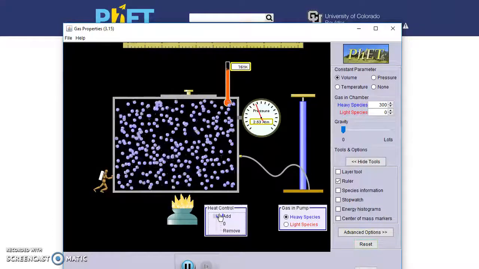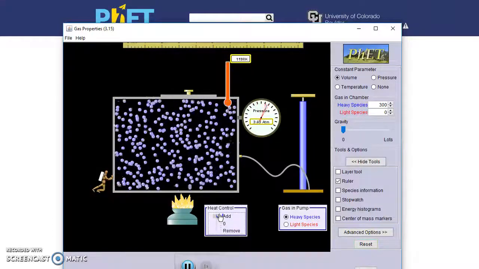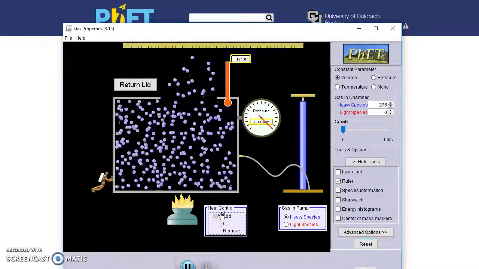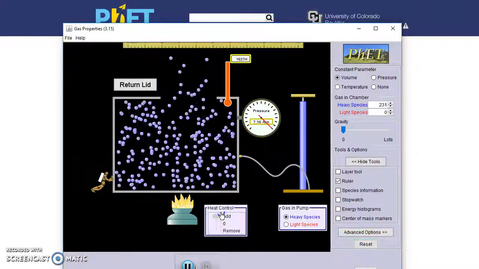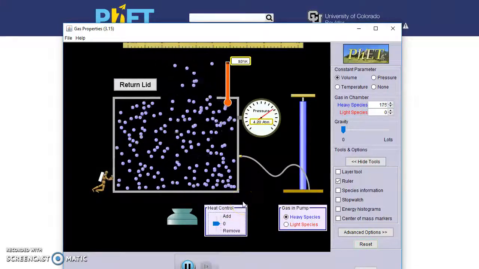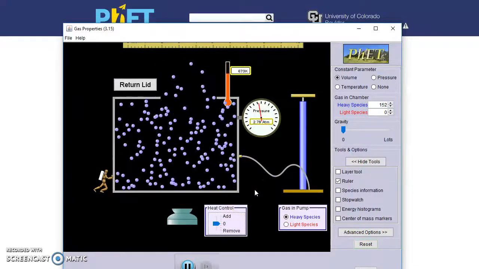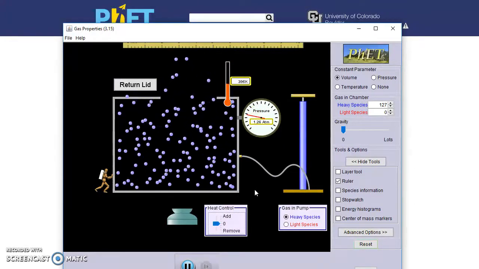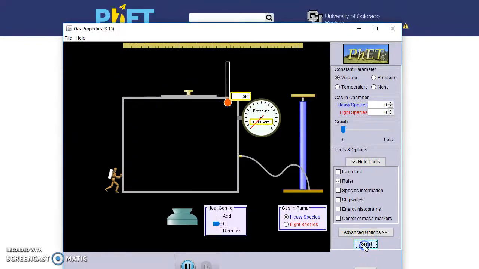So I'm adding heat, and you see the heat is rising and the pressure is rising until I'm over pressurizing the tank. And so for safety reasons, the lid has lifted, and now the pressure is coming back down and the temperature is coming back down. Now in real life, this is behavior that should be very carefully observed and understood.